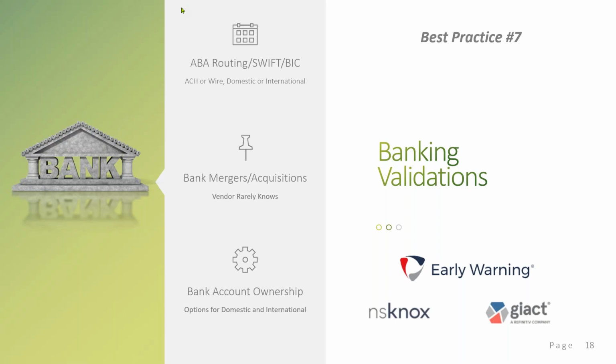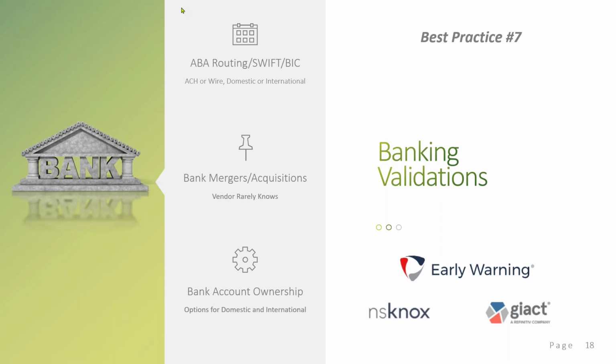Now, the company logos that I have on the screen are what I know are the options for bank account ownership. So Early Warning and GIACT are for vendors with US banks, because they use a database that US banks voluntarily contribute their depositor information to. They don't get that same cooperation with international banks.